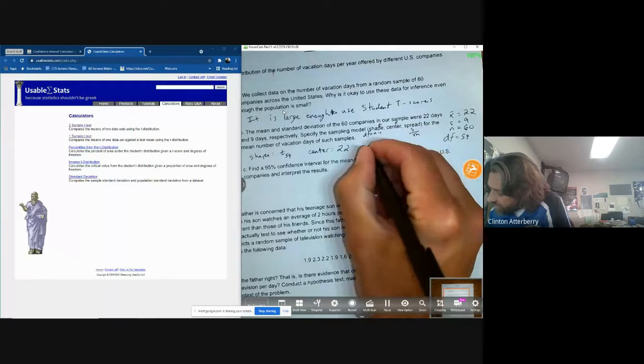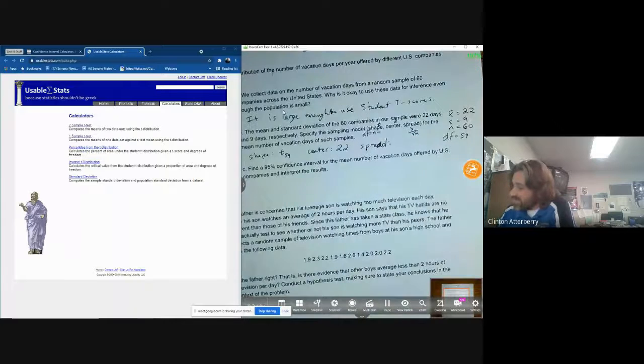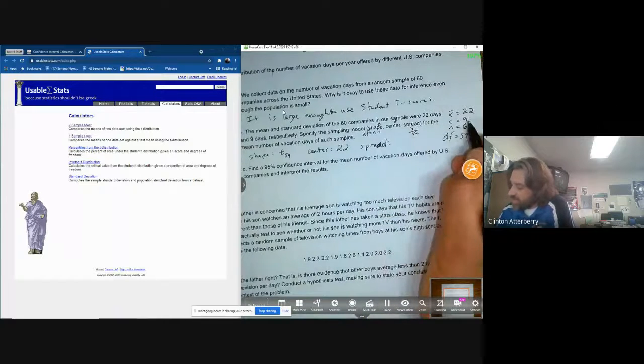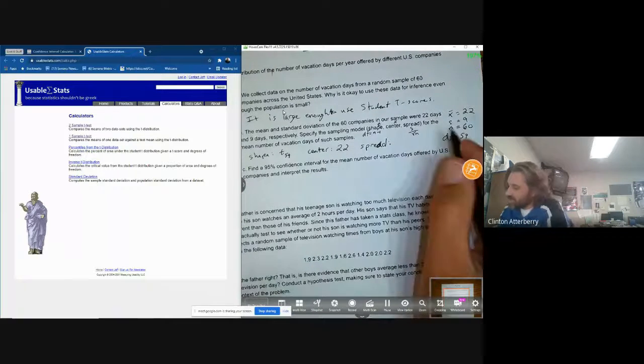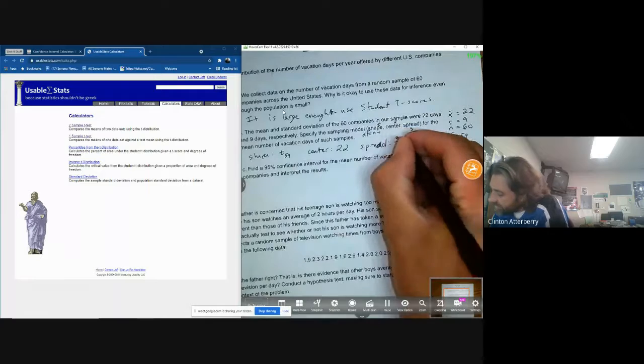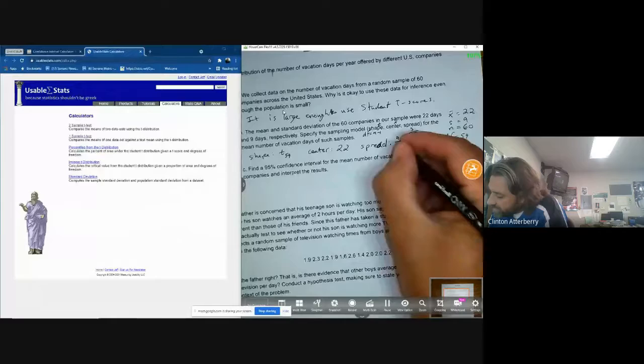But our spread, that is the standard deviation divided by the square root of our sample size. I'm just going to leave it like this, square root of 60.